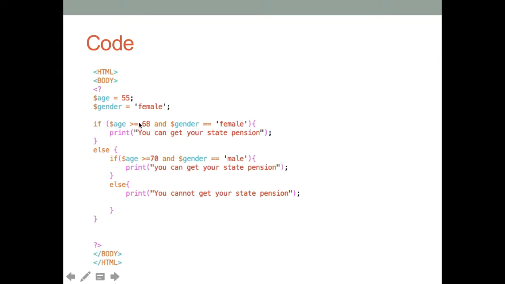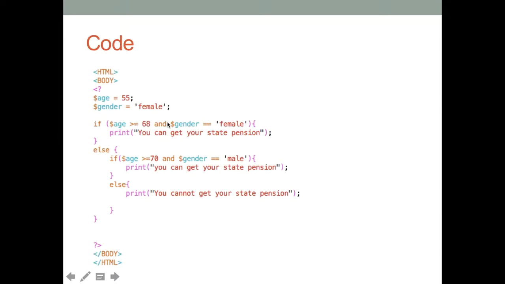So if you're not both greater than 68 and female, so both of those things need to be true for you to get your pension, for that line to print out. If either of them are false, so you could be 70 but male, and that statement as a whole wouldn't be true, or you could be 64 and female, and both of those wouldn't be true, so that statement wouldn't run.